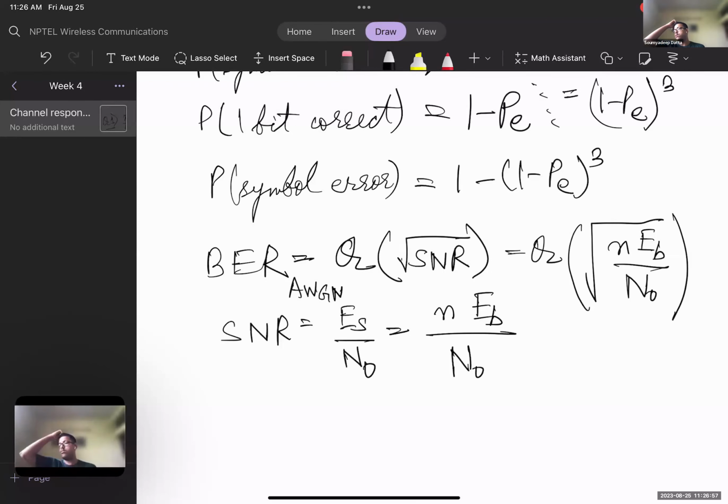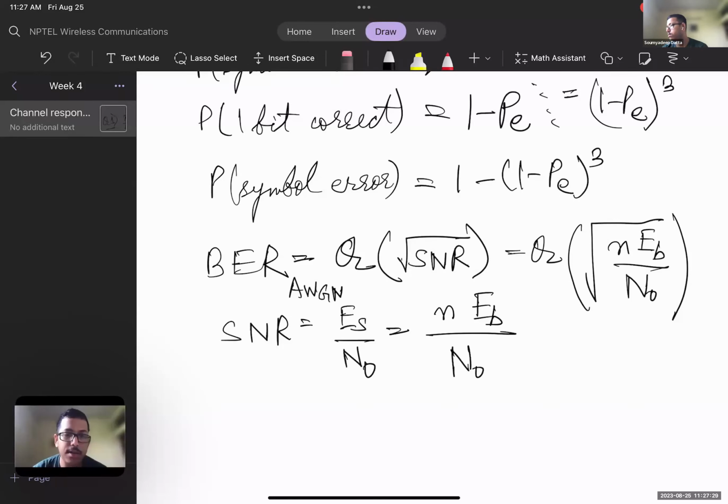So this is plain digital communications, just a refresher. The bit error rate for an AWGN channel is given by the Q function of the square root of SNR, right? And so we can use this formula to solve questions now.